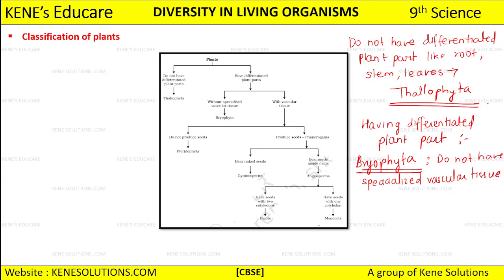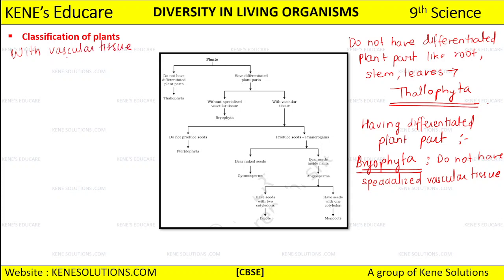Okay, and when it comes to with vascular tissue, then we have 2 types. ठीक है, क्या हुआ? With vascular tissue, we are going to have 2 types of plants.